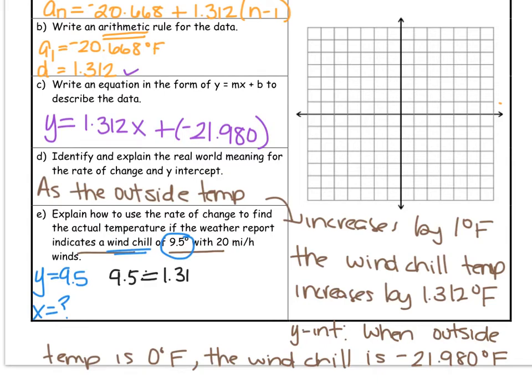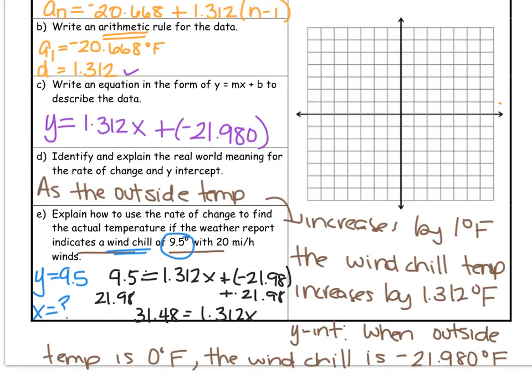And so we get 9.5 equals 1.312x plus negative 21.98, and I knocked that last 0 off. Add 21.98 to each side, and what we end up getting is 31.48 equals 1.312x.